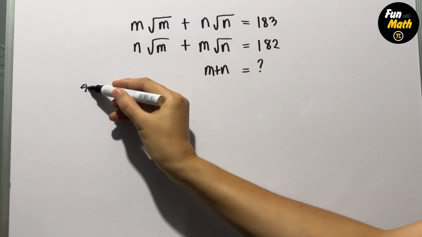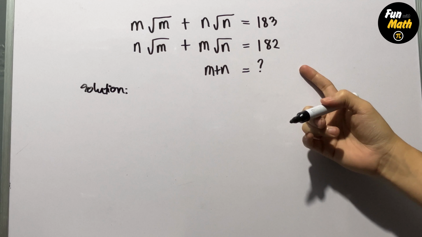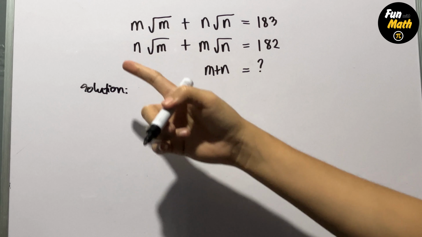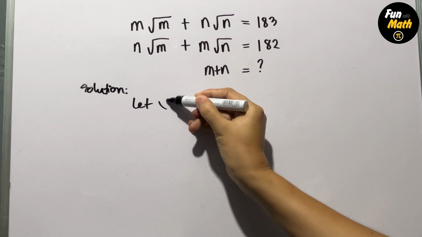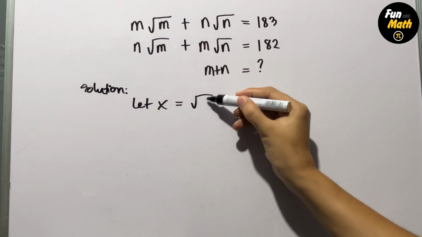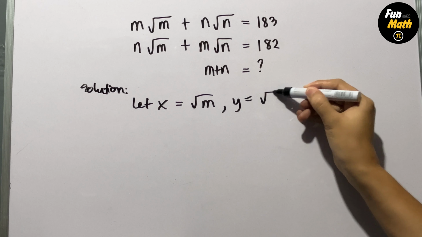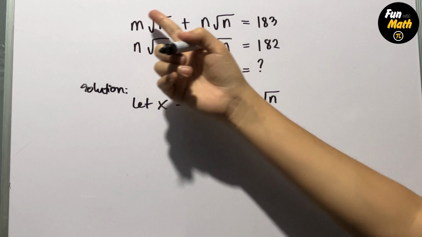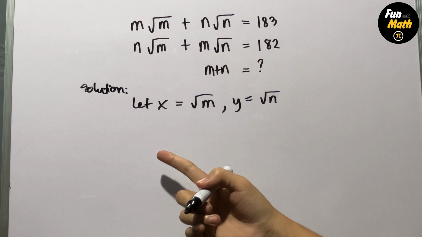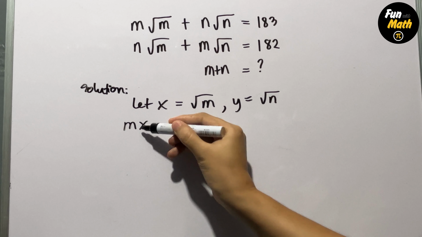So here's the solution. For this problem, let's start with letting x be equal to square root of m and y be equal to square root of n. So let's replace. This is now mx plus ny equals 183.